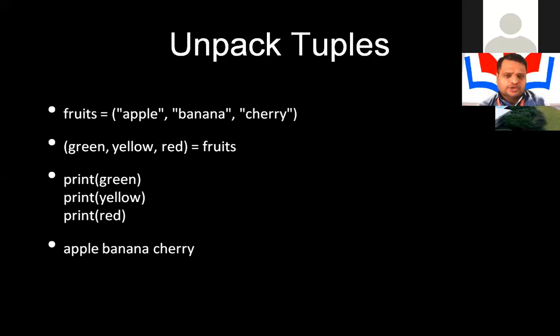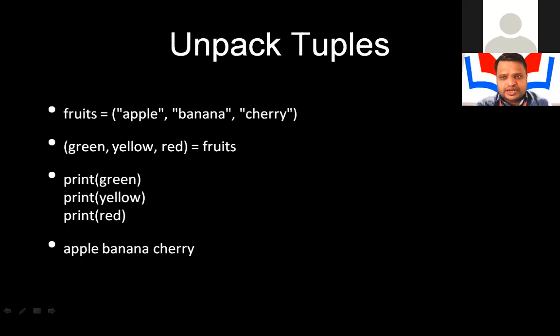First of all, you should understand the meaning of unpack. The name itself indicates it. Unpack means the elements present in the tuple are going to be extracted into individual variable names.